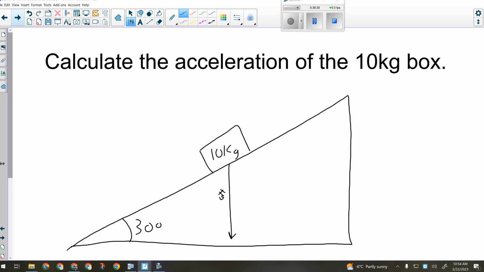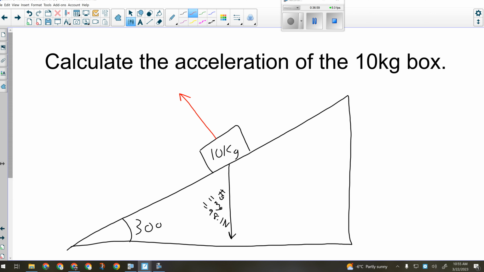Can we calculate what gravity is? So we just go mass times 9.81. So in this case, that's 98.1 newtons. And then we have normal force, which, as I said, acts perpendicular to the surface. Okay, so those are the two forces. That's my free body diagram.